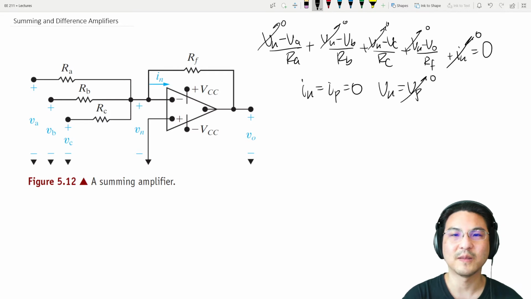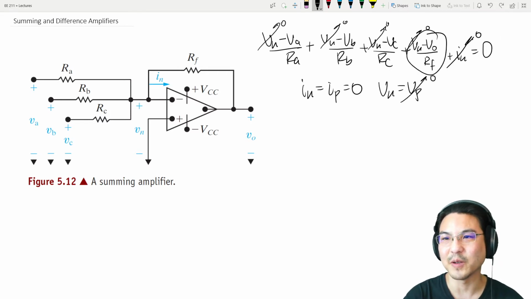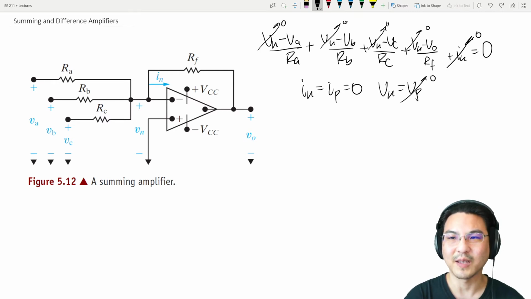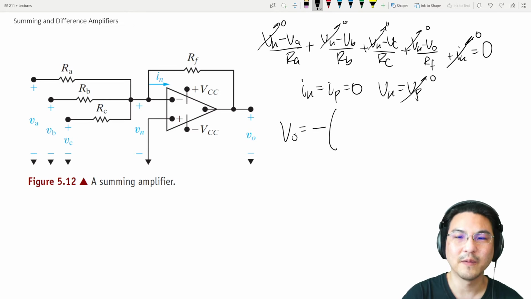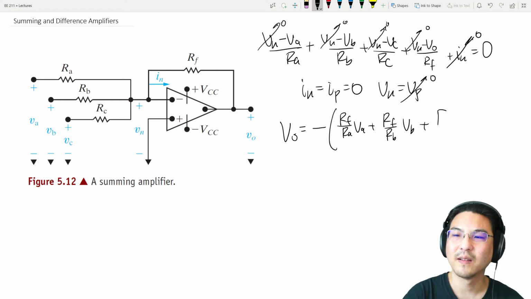Okay, so let's finish this. I'm going to move this to the other side of the equation, and then times Rf. So Vo is negative Rf over Ra Va, Rf over Rb Vb, Rf over Rc Vc.